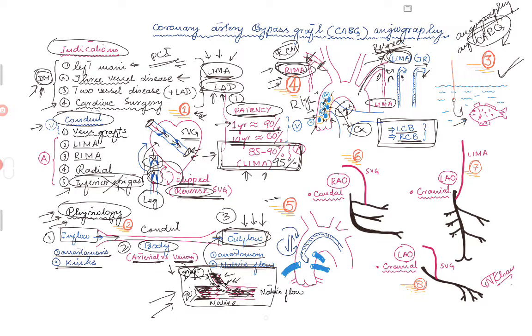So with that, we come to picture 5 here, and this is what I was talking to you about, fishing. You just have to fish around. So here there are 3 grafts, 1, 2, 3. Your good surgeon did not put any rings. The patient had CABG about 20 years ago, and now he's getting an angiogram with you. So all you have to do, as I said, is fish around.